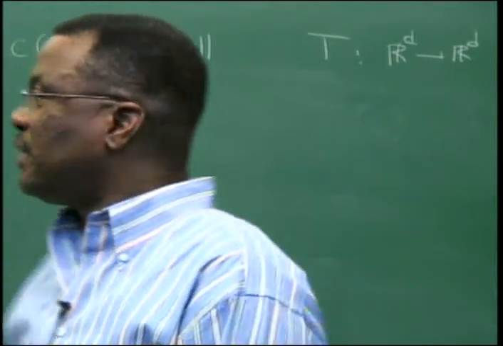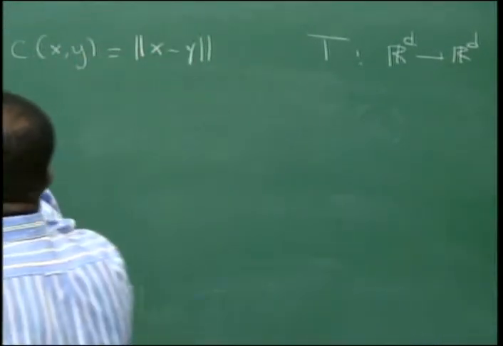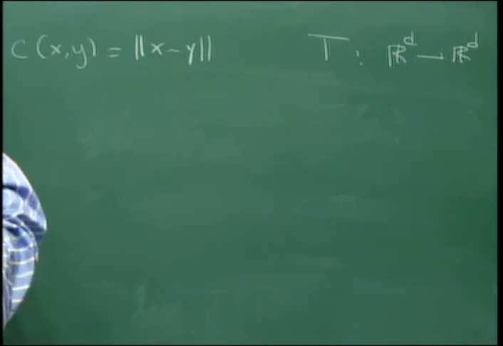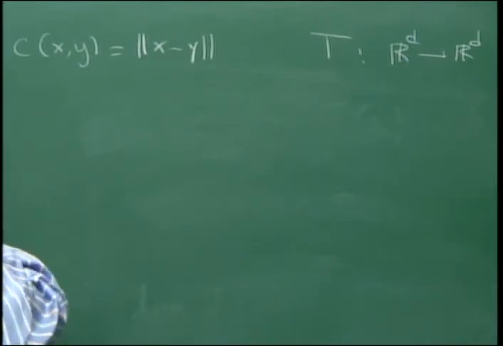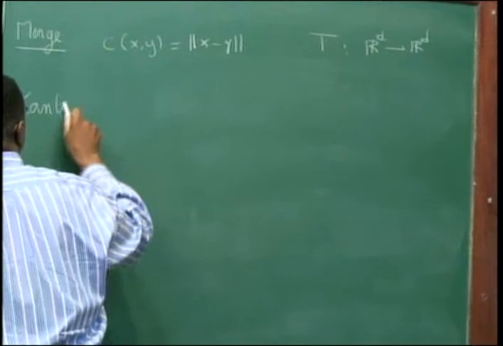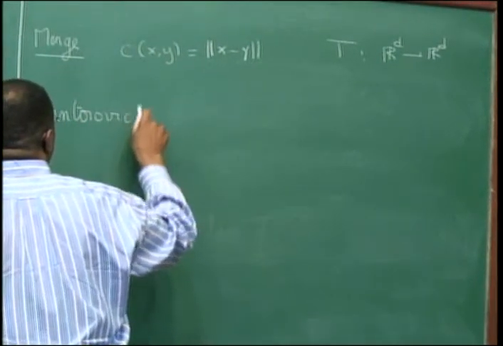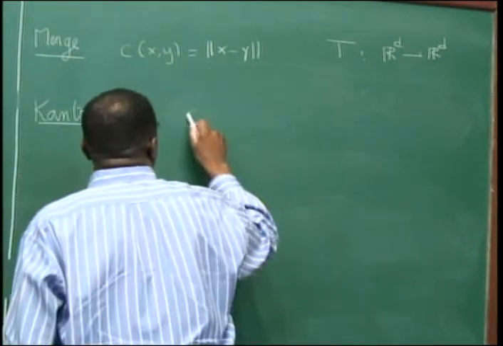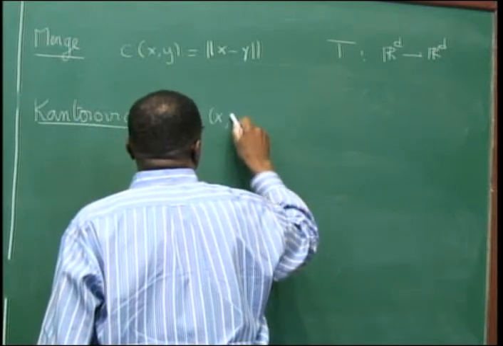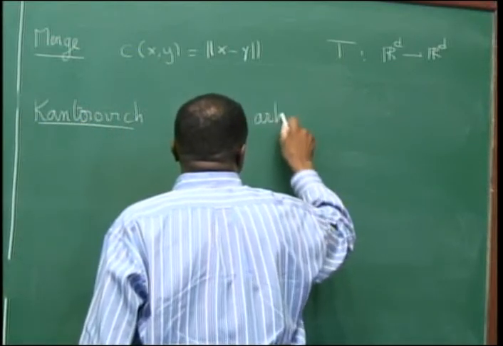So Kantorovich, this is Monge. Kantorovich came and said C of x,y arbitrary.